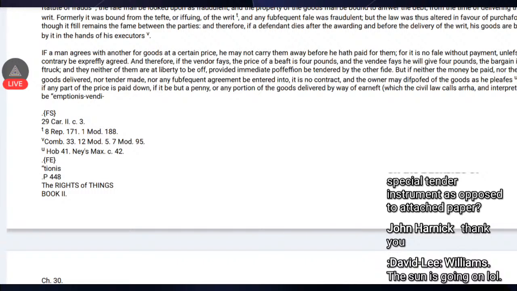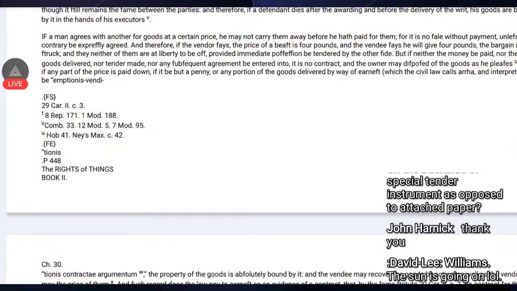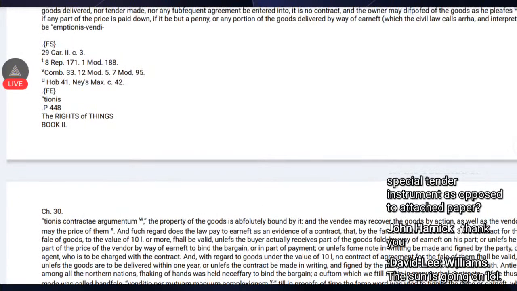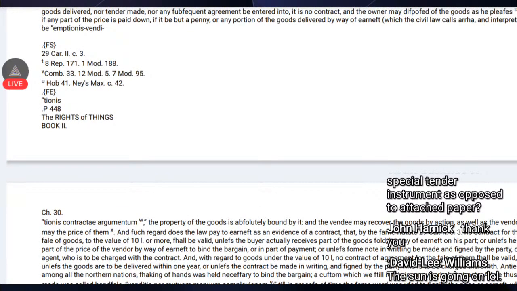But if neither the money be paid, nor the goods delivered, nor tender made, nor any subsequent agreement be entered into, it is no contract, and the owner may dispose of the goods as he pleases. But if any part of the price is paid down, if it be a penny, or any portion of the goods delivered by way of earnest, which the civil law calls arra, and interprets to be emptionis et venditionis contractae argumentum, the property of the goods is absolutely bound by it.